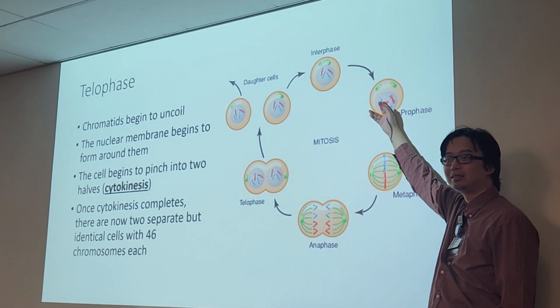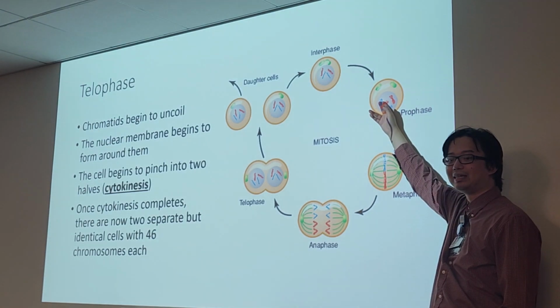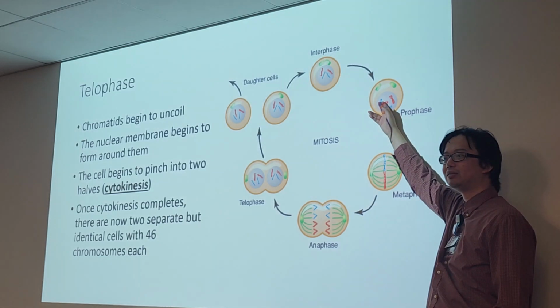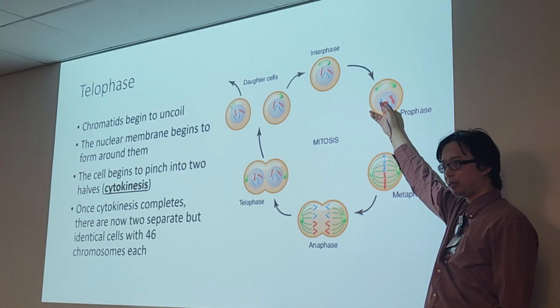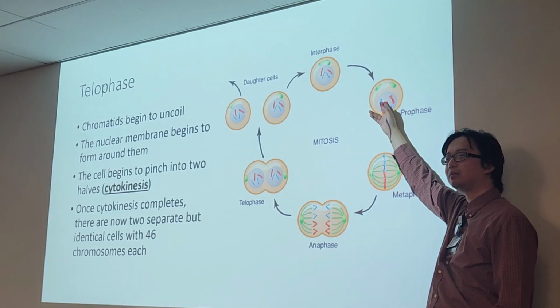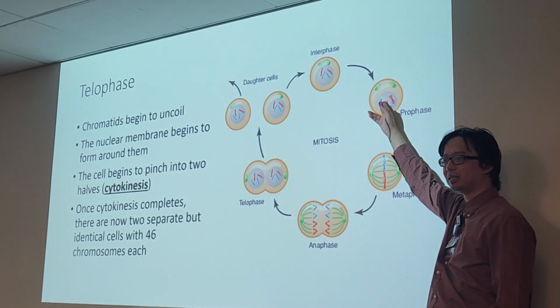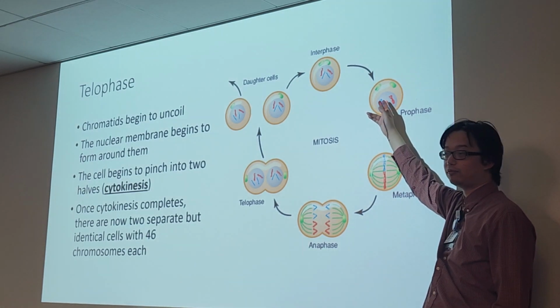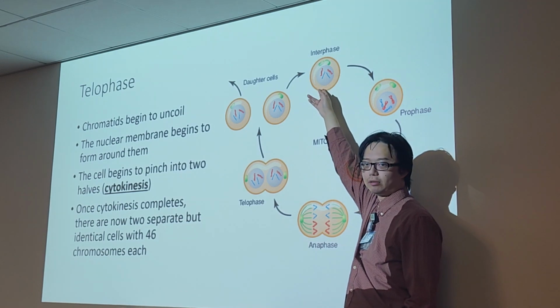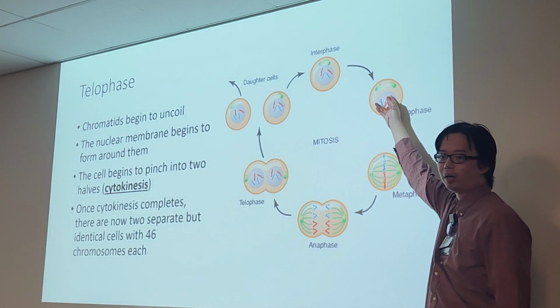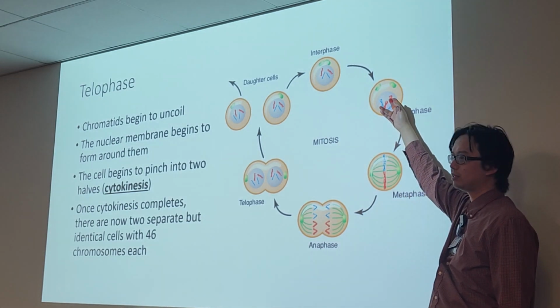It's still 23 because they're attached at the centromere. But it's basically doubled, because now you have two copies for each of those pairs.